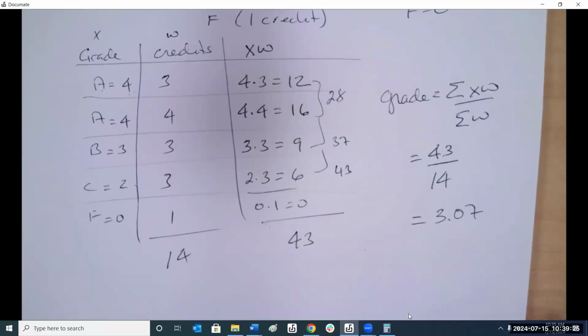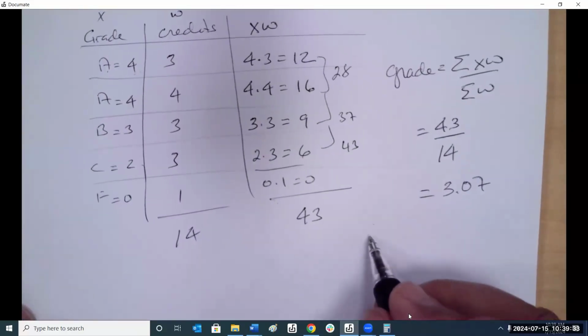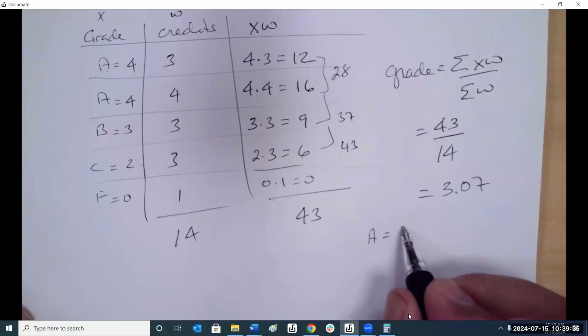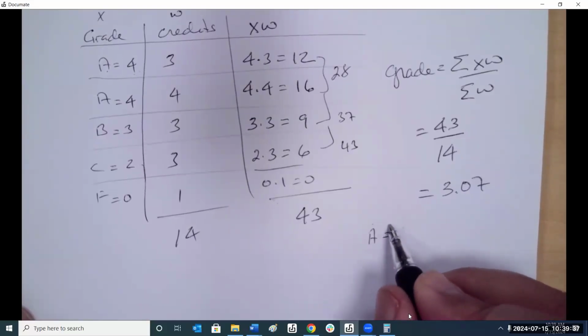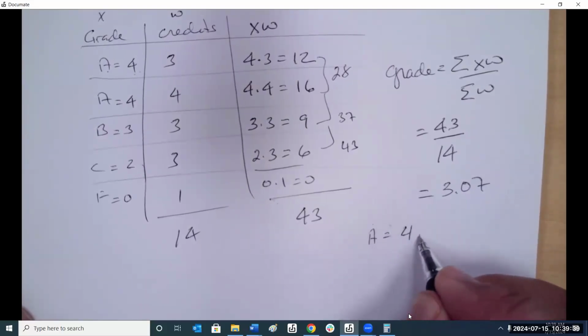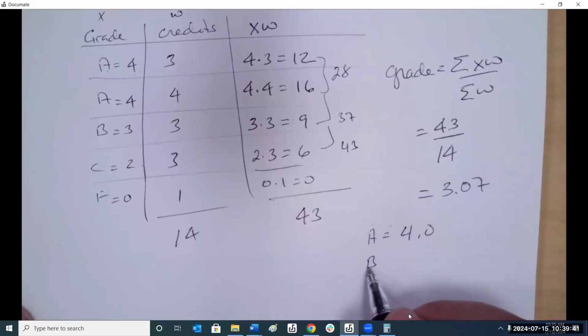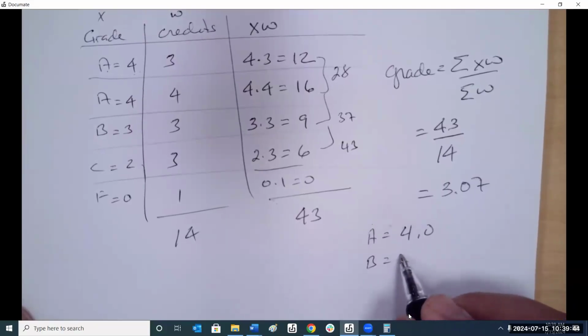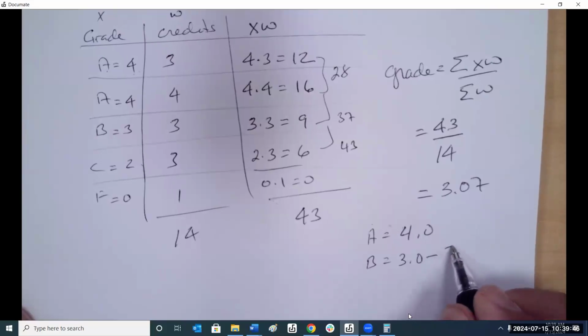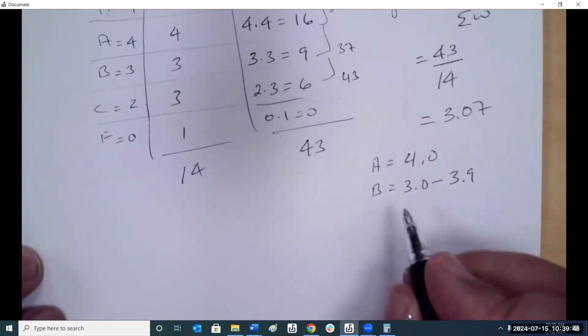So does the student have an A, B, C, D, or F average? A B. Because an A is 4.0. A B is anywhere from 3.0 to 3.9.